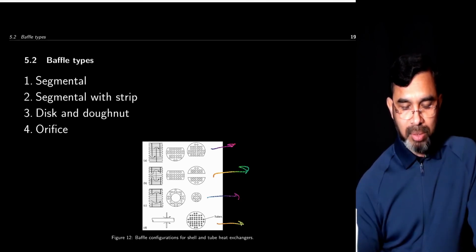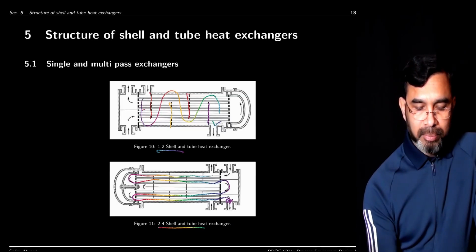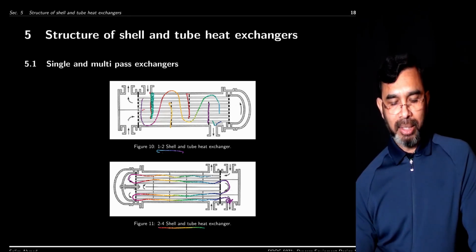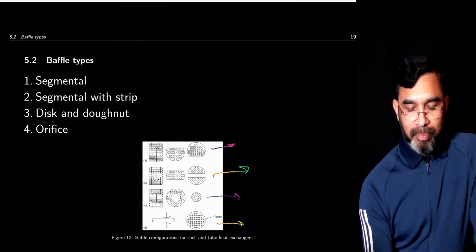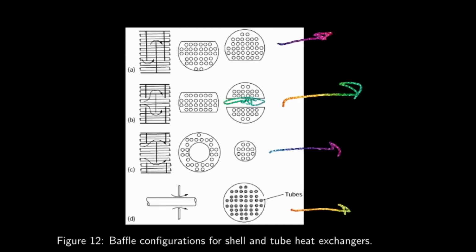And this is orifice. For the segmental one, you simply have a baffle there, maybe up to 75% of the shell diameter. For segmental with strip, there are 2 and the middle part is open. So you can see here 1 and 2 and the middle part is open, and then there is another here.